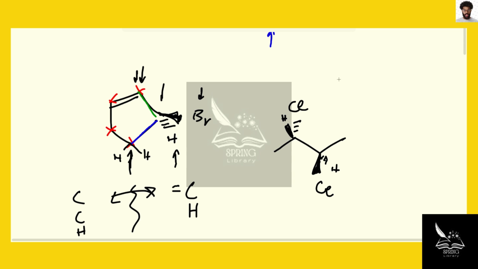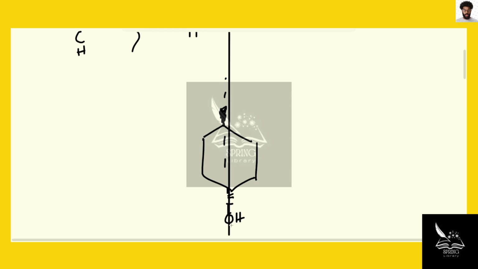So if the molecule contains an internal mirror plane of symmetry, then it cannot be chiral. So one example would be the following. This looks like it could be chiral, but because it contains an internal mirror plane, it is not.